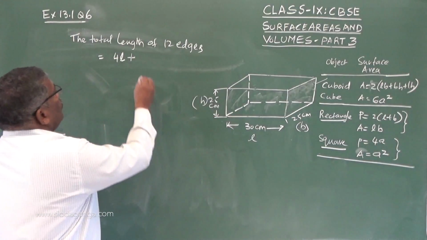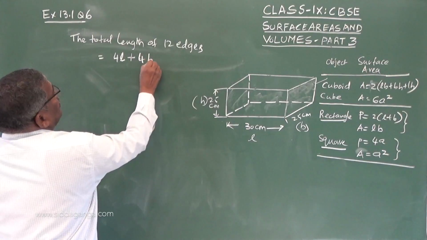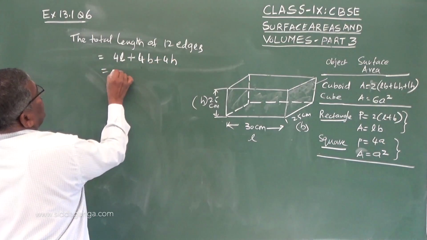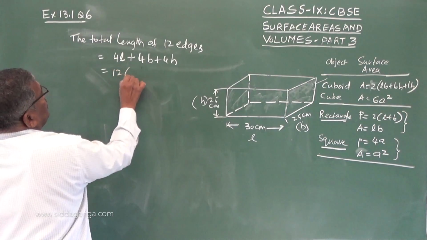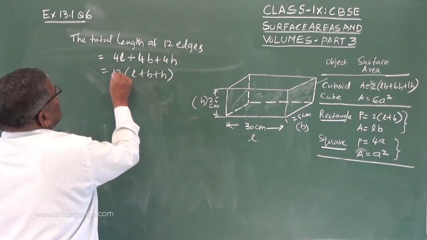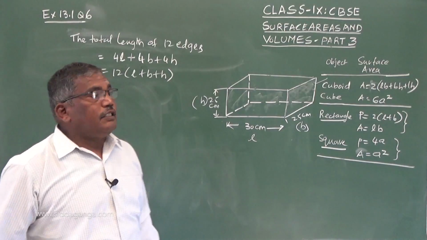So similarly 4 times breadth plus 4 times height, or I will write 12 times L plus B plus H. This gives us the total length of the edges.